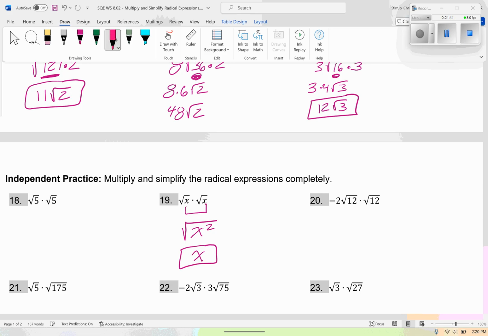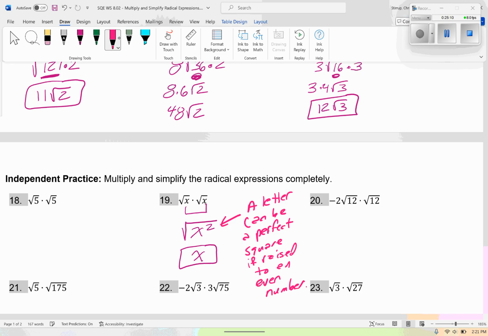So a letter can be a perfect square if raised to an even number. Even numbers are like 2, 4, 6, 8. Those are even numbers, right?